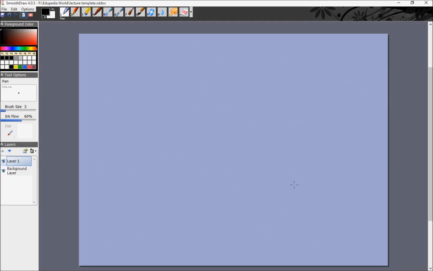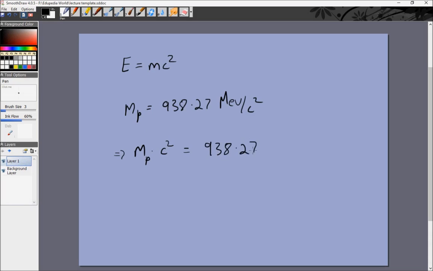In nuclear and high energy physics, it is generally customary to represent mass in terms of energy units using Einstein's equation E is equal to mc square. So when we say that the mass of a proton is equal to 938.27 mega electron volt per c squared, that just means the mass of a proton multiplied by c squared, or the energy due to the mass of a proton, this is the rest mass energy, is equal to 938.27 mega electron volts, which means this is 938.27 multiplied by 10 to the power 6 electron volts, or multiplied by 1.6 into 10 to the power minus 19 joules.